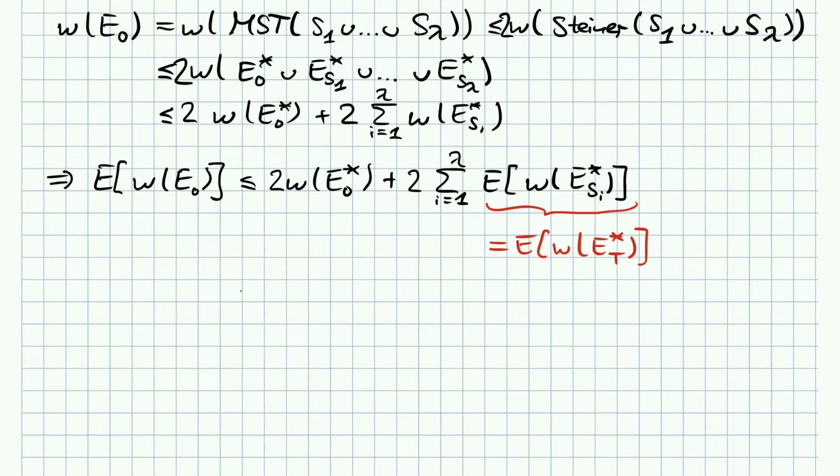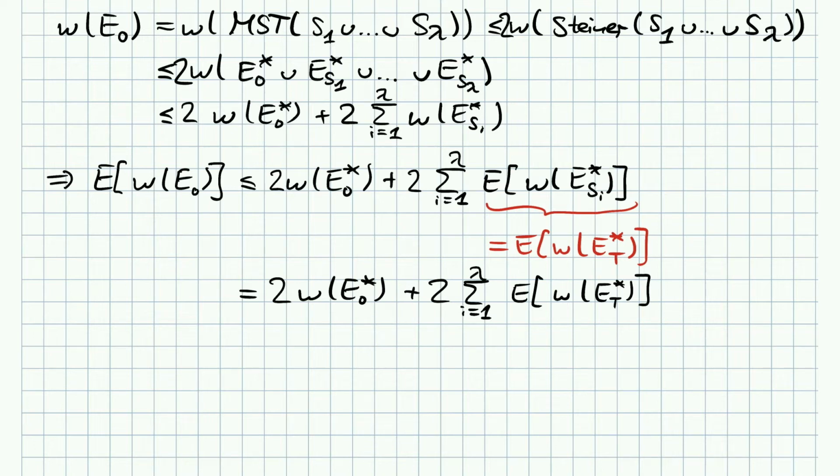So we might as well write this now as 2 times the cost of the optimal policy for the first stage plus 2 times the sum, the expected cost for the second stage. And this is actually just lambda times that thing. So we'll have 2 times the cost of the first stage plus the expectation of lambda times the weight of the edges chosen in the second stage.